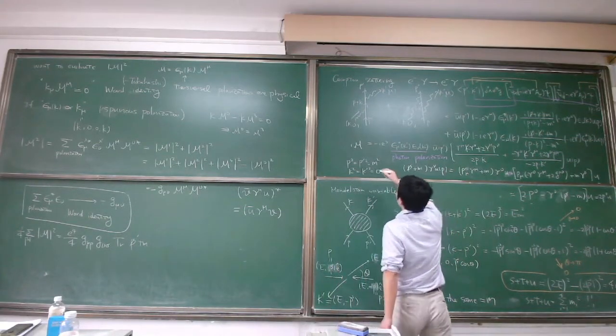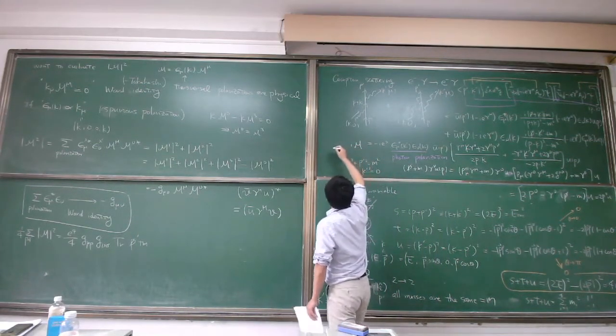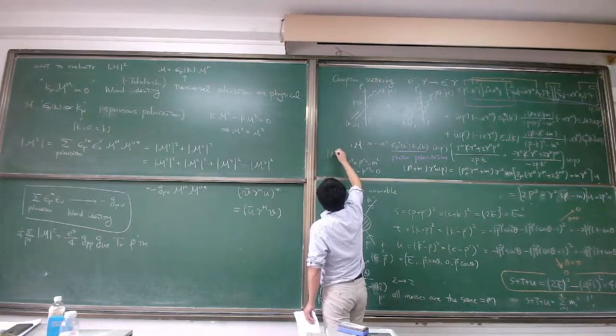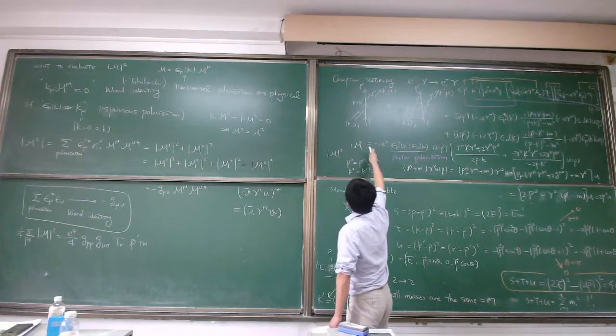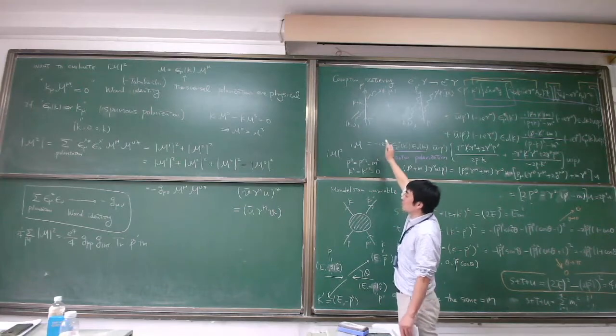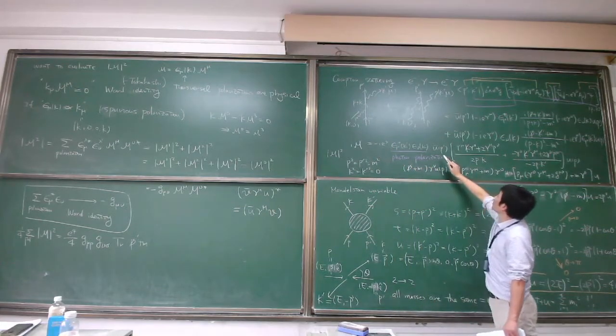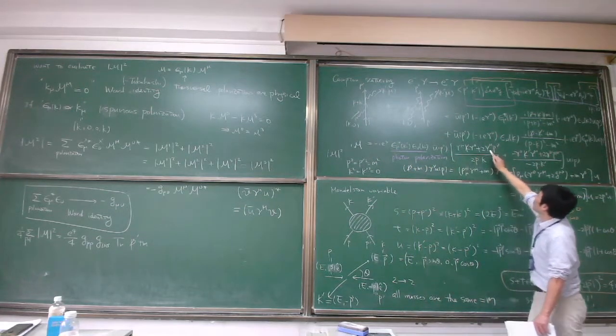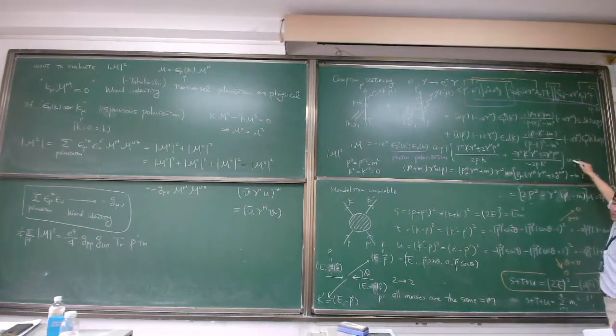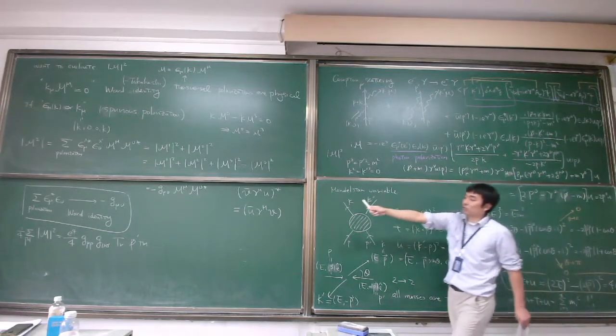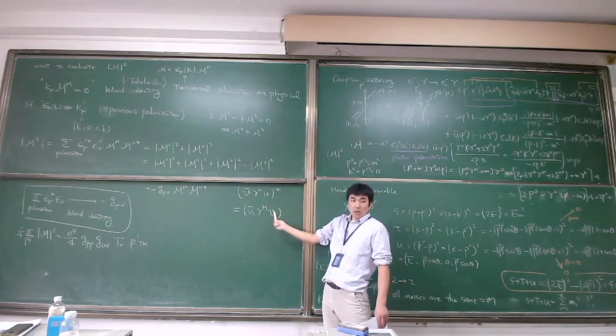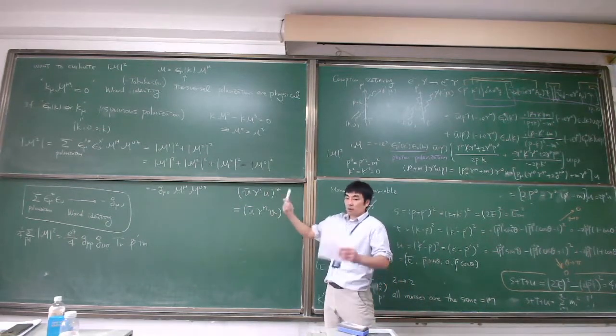So you have to use this kind of trick to compute m squared. You have to make m star. So therefore, what you get is u bar gamma mu u here, for instance. But you have to apply this rule, okay? And multiply.